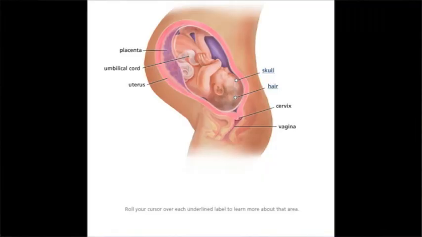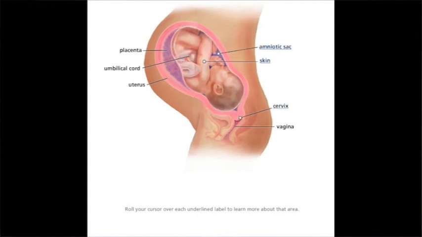The baby changes position to prepare itself for delivery. It drops down towards the pelvis, and the head usually faces the birth canal. By the end of pregnancy, your baby should be around 18 to 20 inches long and weigh anywhere from 7 to 9 pounds.